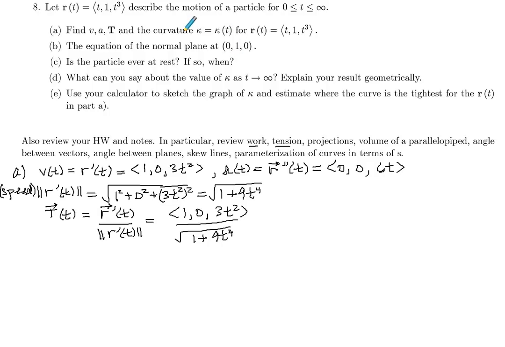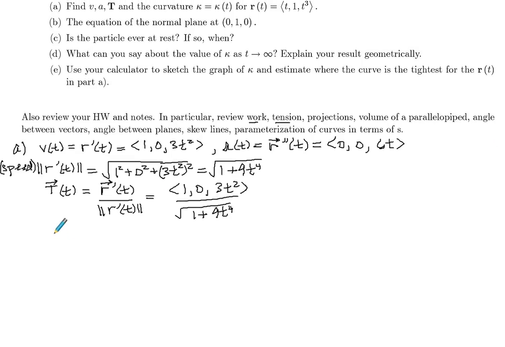And then, let's see, last thing we're finding is curvature kappa. So remember that kappa at time t, our shortcut, is the length of r prime cross r double prime divided by the length of r prime cubed.